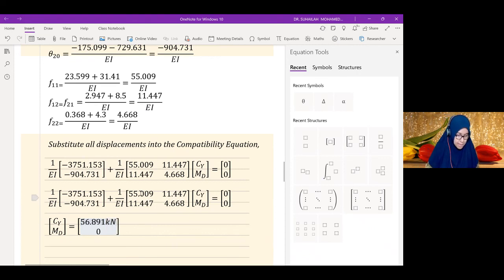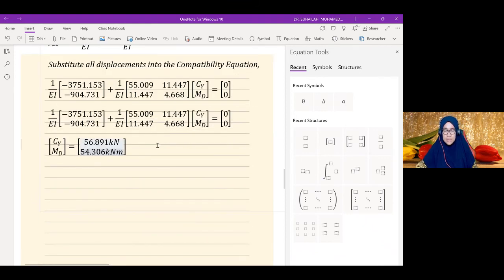Okay, and MD equals to 54.306. This one is kilonewton meter moment.